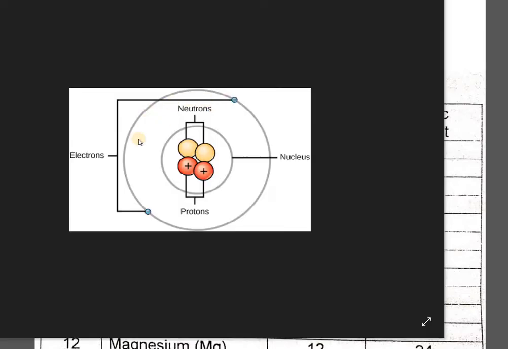These electrons contain negligible mass, their presence is almost negligible, and that's why we do not consider them in the calculation of the atomic mass in any atom. So we consider that the atomic mass is the sum total of the protons and the neutrons, which basically form the central part, the dense positive charge called the nucleus.